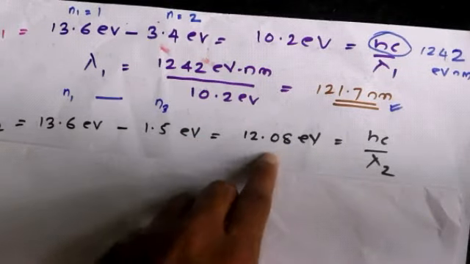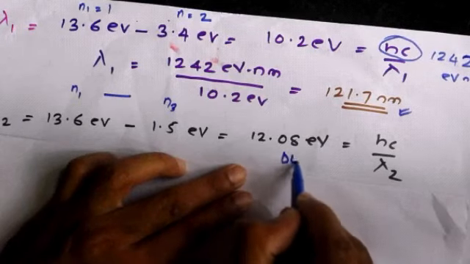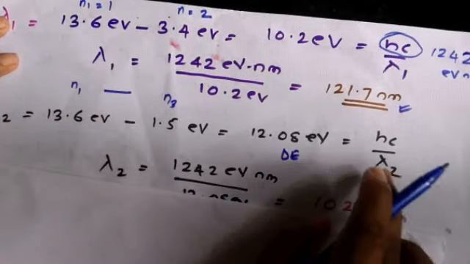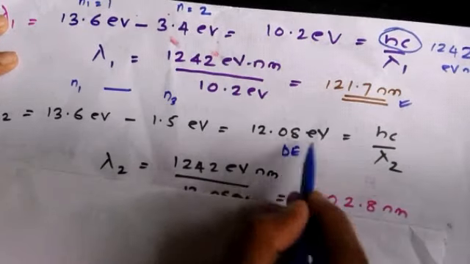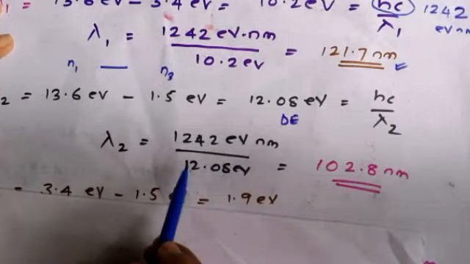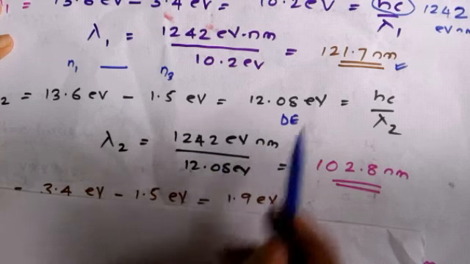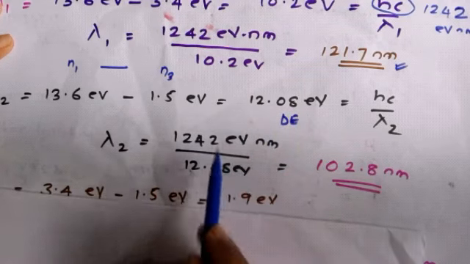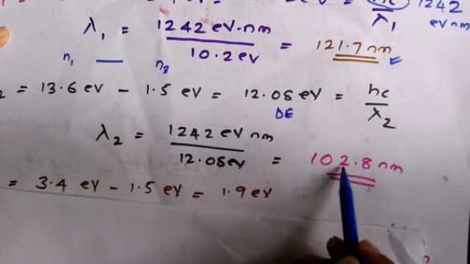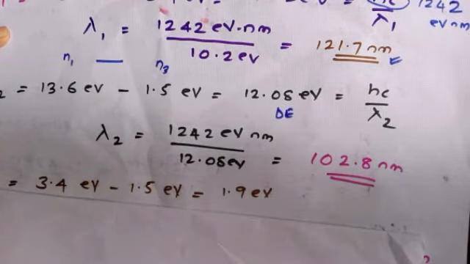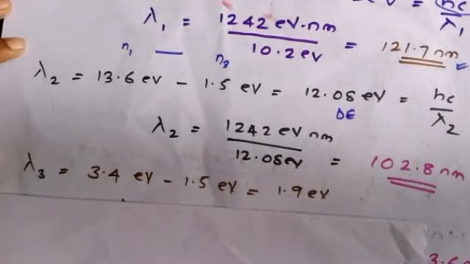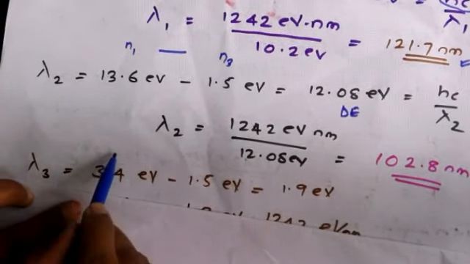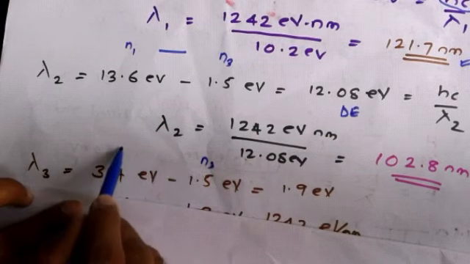This is the delta E. Delta E is equal to hc by lambda 2, therefore lambda 2 is hc by delta E, which is 1242 electron volt nanometer divided by 12.08 electron volt. When you divide, you will get 102.8 nanometer.